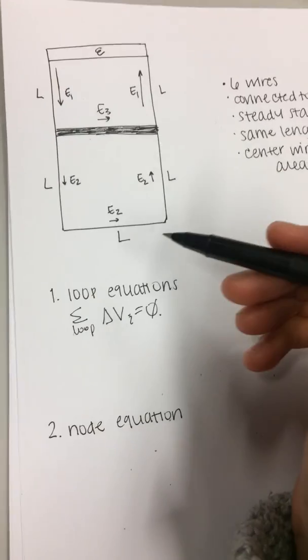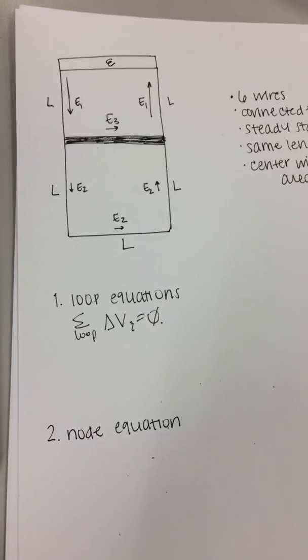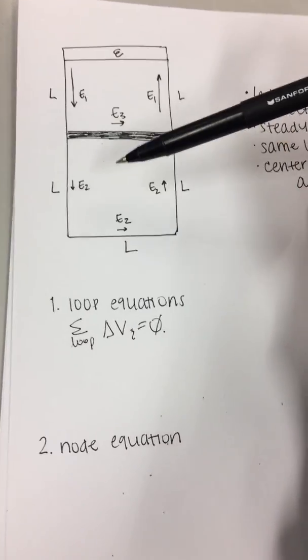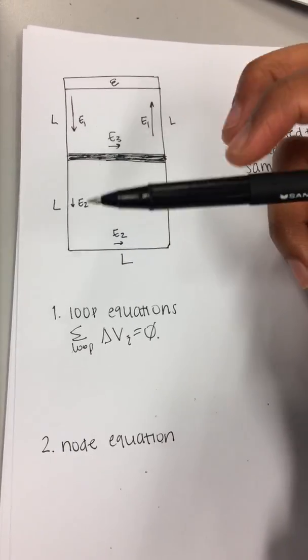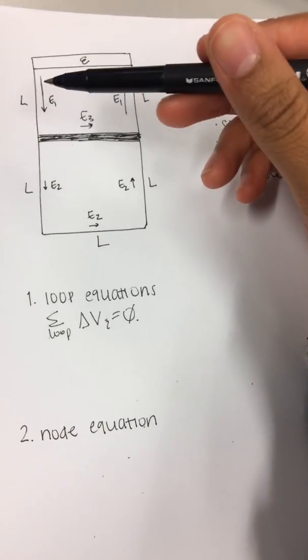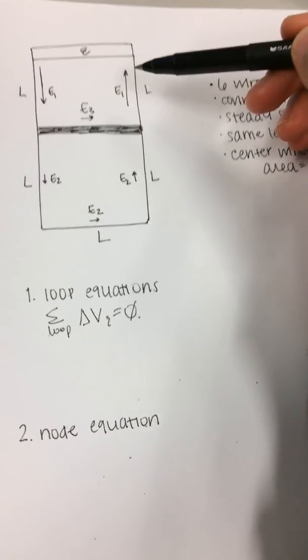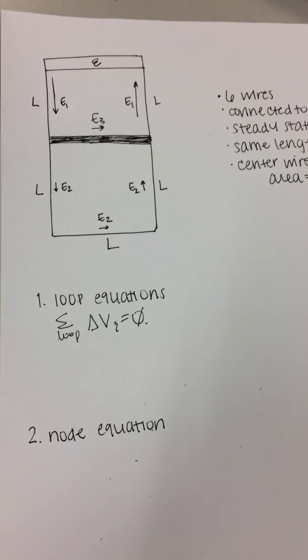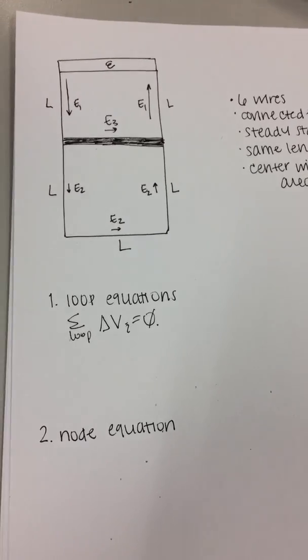It could be a physical loop, but it doesn't always have to be. An easier way to understand it is to use the sign of delta V as seen by an observer walking along the loop in the direction of the arrow. Sorry, it would be this way, not the way that my pen was going. And this only holds for steady state circuits, which is something to remember.